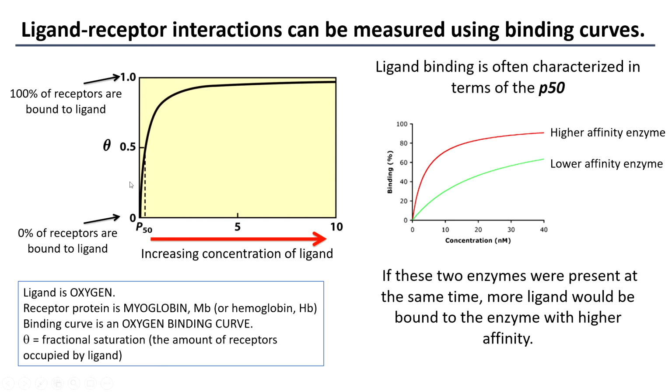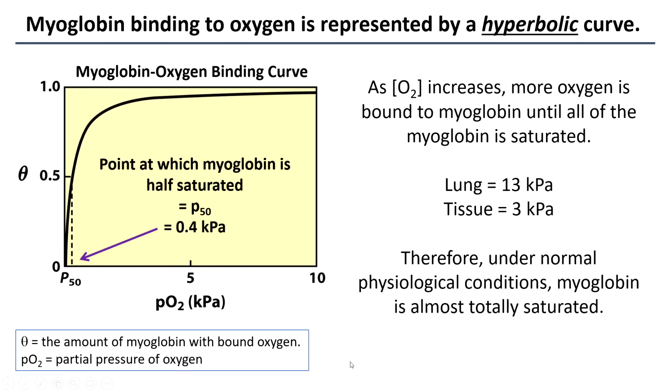So again, transforming that into myoglobin, it would be representative of the substrate concentration at which 50% of the myoglobins in solution are bound to oxygen. When myoglobin binds to oxygen, it does so in a hyperbolic curve.